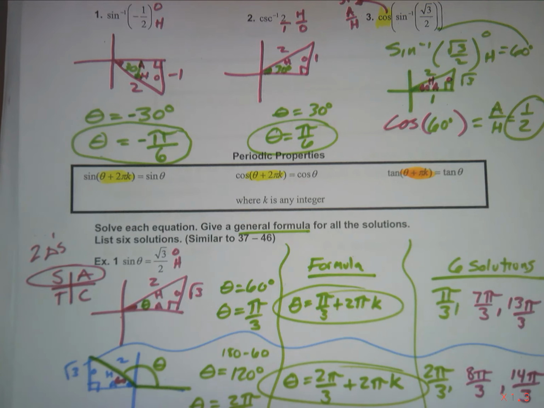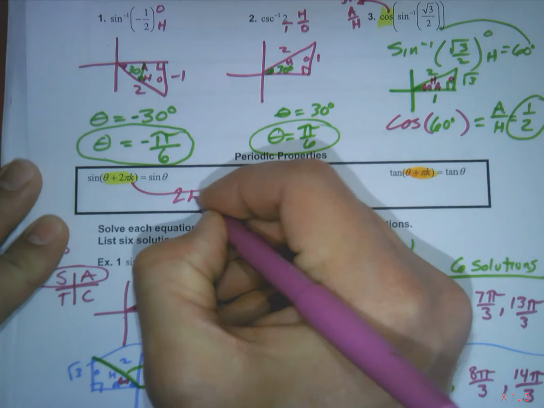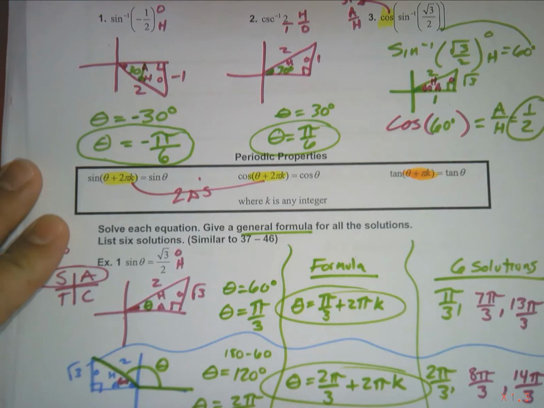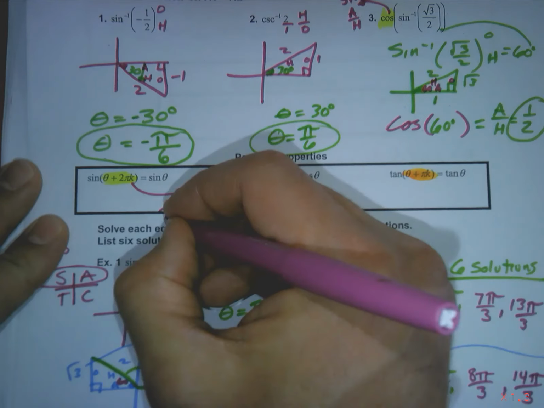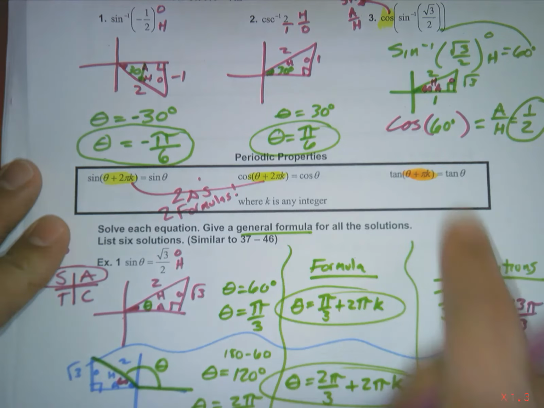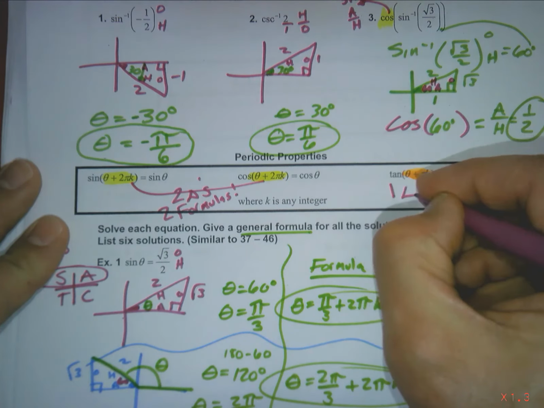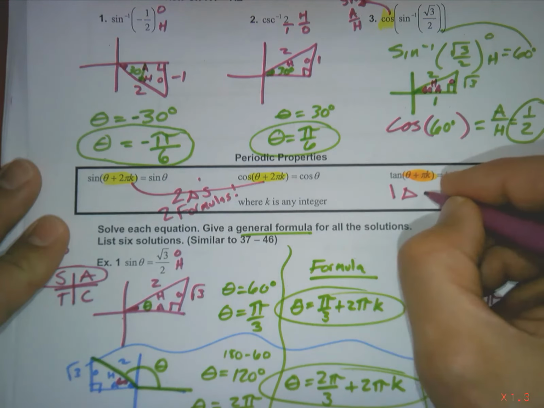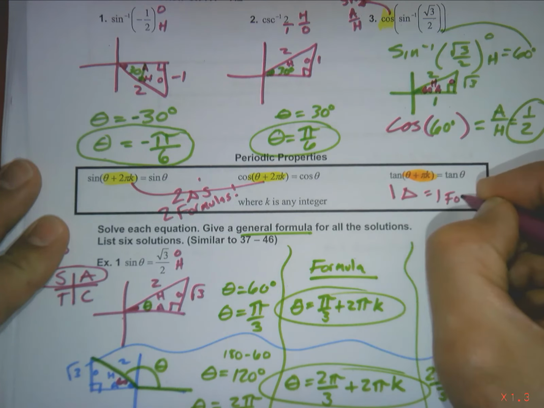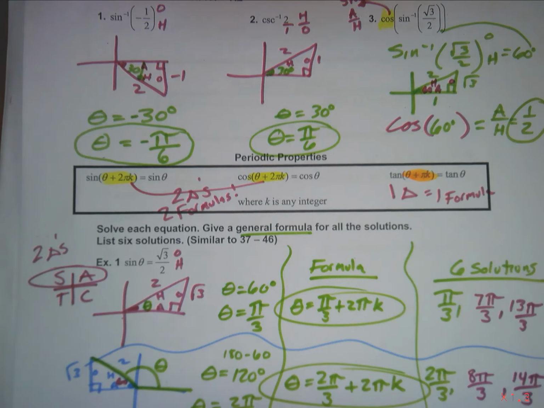So basically for these two, we're going to make 2 triangles most of the time, which means 2 formulas. And because this is 1 pi, that means I only have to make 1 triangle, which equals 1 formula. So this one's actually kind of nicer. We have to do less work, and I'll explain why that is.